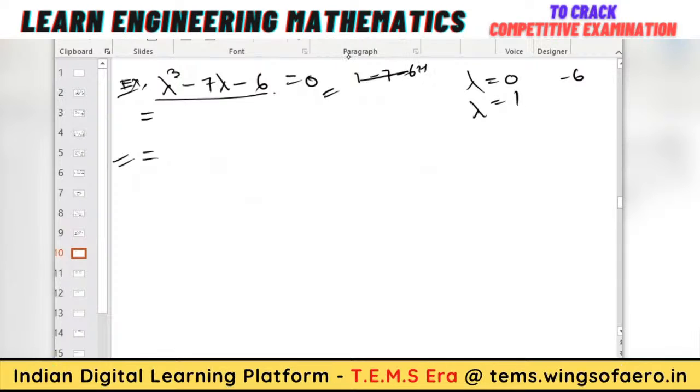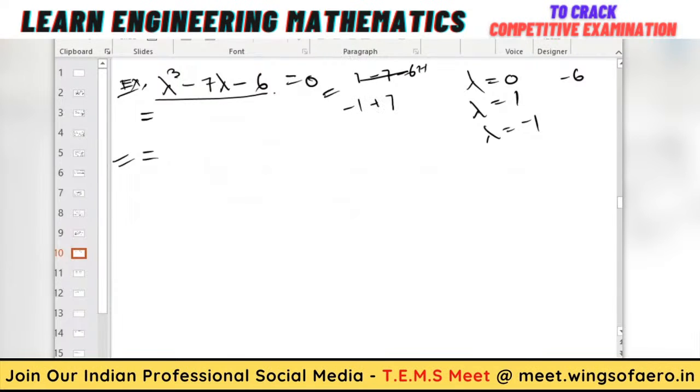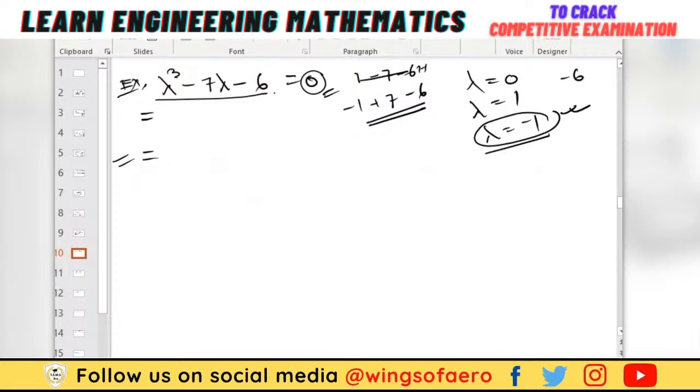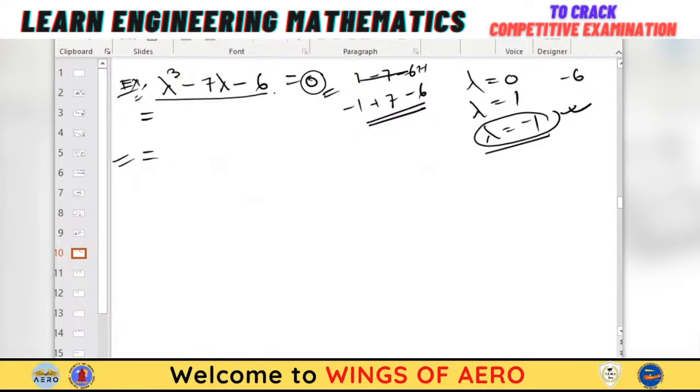No, not 0. Put lambda equal to minus 1. Minus 1 plus 7 minus 6. Yes, now it is 0. That is, it satisfies the equation. So lambda equal to minus 1 is a solution of this equation. This is how you find the first solution, just by putting random values of lambda.